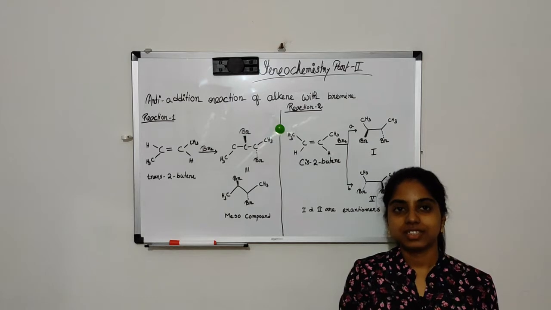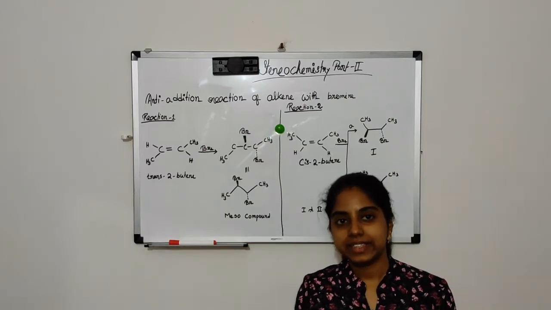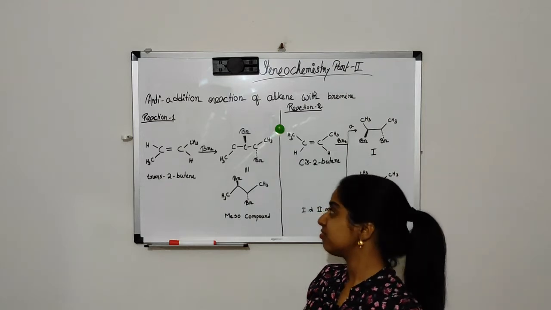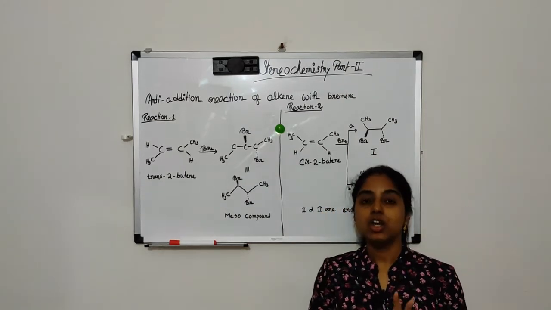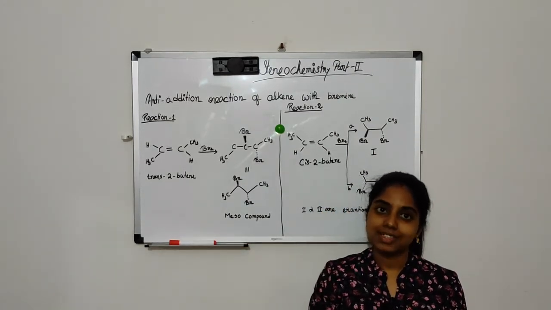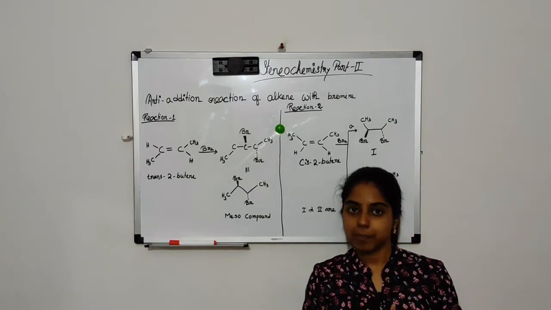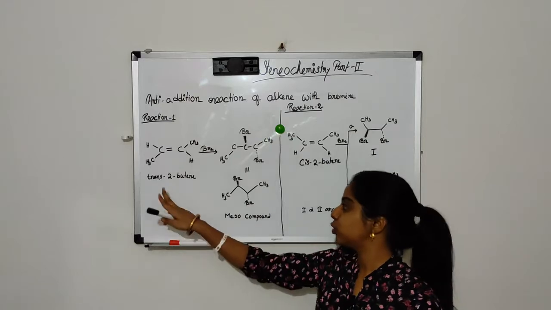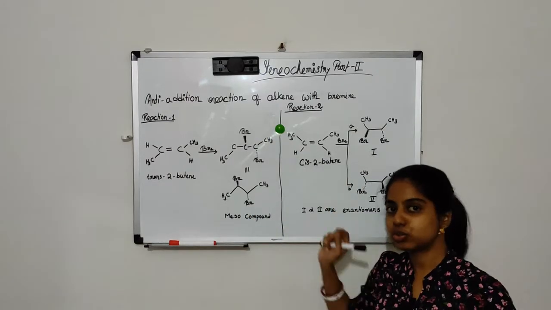Now we'll discuss the anti addition reaction of alkene with bromine. In the case of alkene, there are two possible isomers. One is the cis isomer and another is the trans isomer. So we take both trans 2-butene and cis 2-butene.